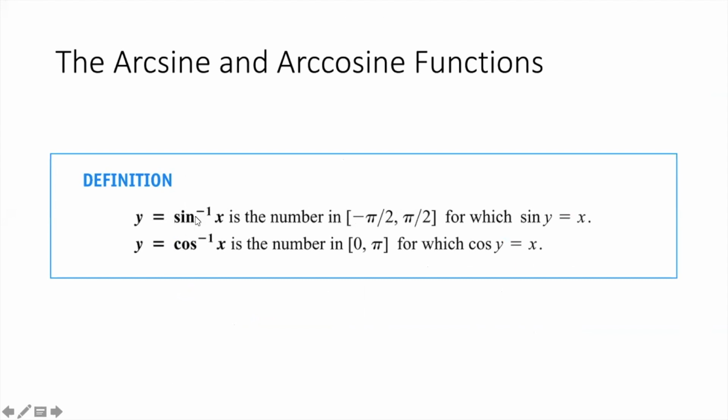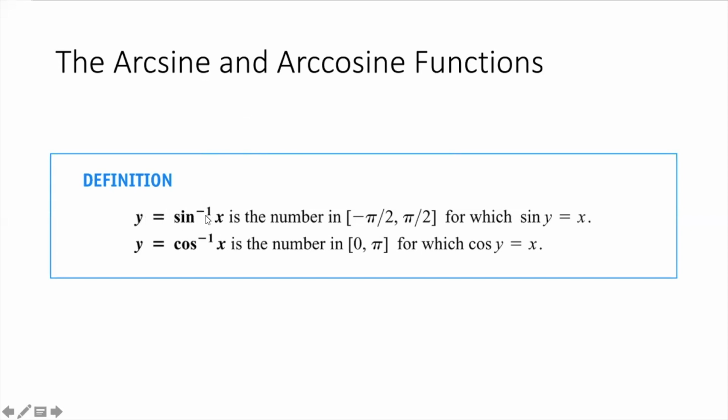This is not sine of x to the power -1, which would be the reciprocal of sine x. This function has absolutely nothing to do with the cosecant of x, all right? And so for that reason, sometimes I prefer the notation arc sine of x. But I'm seeing that notation used less and less. Really, probably 90% of textbooks use this notation.